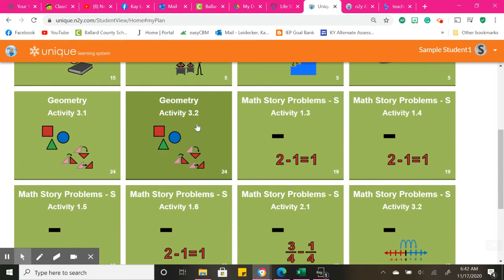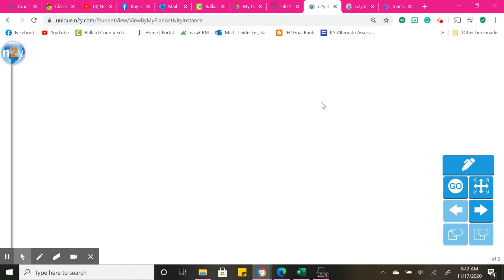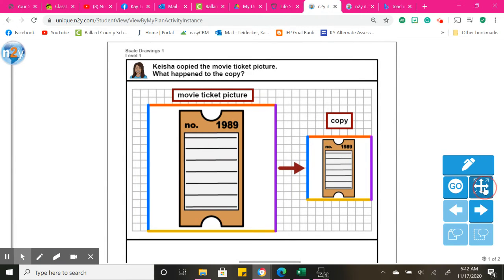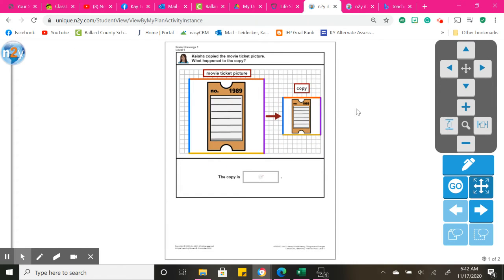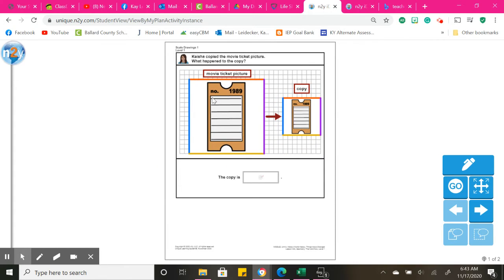Our next geometry box is, and this is definitely a standard I know you get tested on, which Keisha copied the movie ticket pictures. What happens to the copy? So the movie ticket picture, and here's a copy.